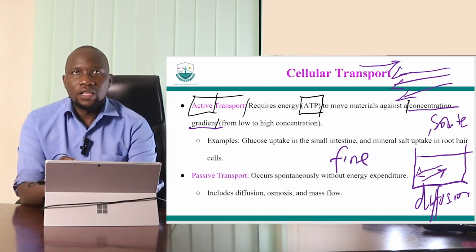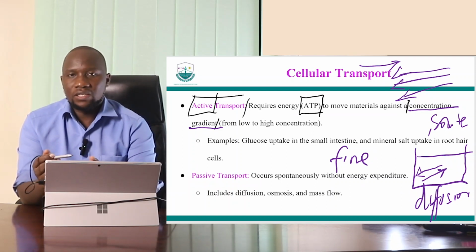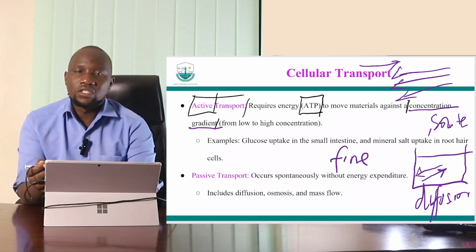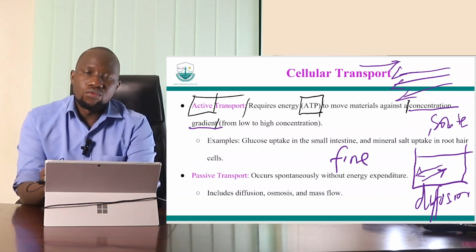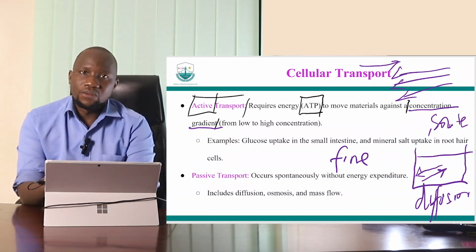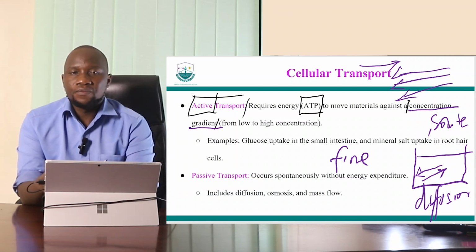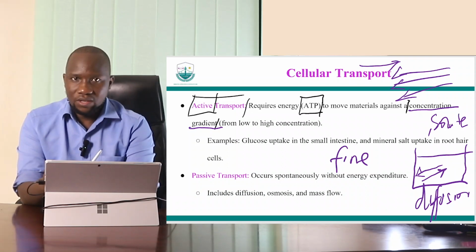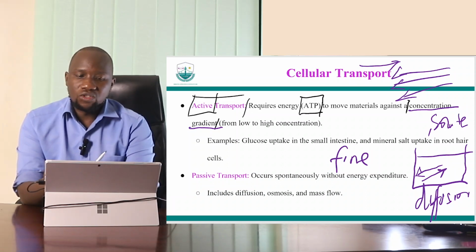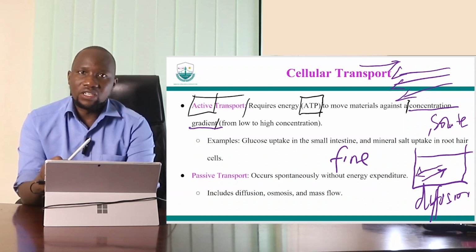So they are tiny or fine extensions of the root that absorb minerals. For the absorption of mineral salts from the soil, the root hairs have to use ATP in order to absorb these minerals. So these are two examples of active transport in animals and also in plants.